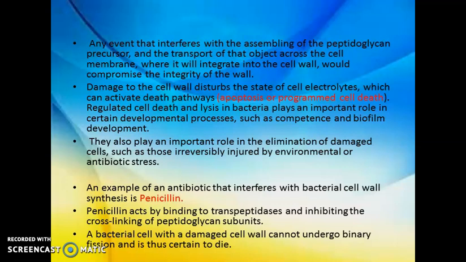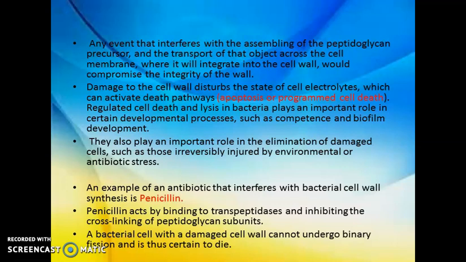How does penicillin act? It acts by binding to transpeptidases. These are the enzymes present within the periplasmic space that we have already discussed, and penicillin binds to these enzymes and inhibits the cross-linking of peptidoglycan subunits.